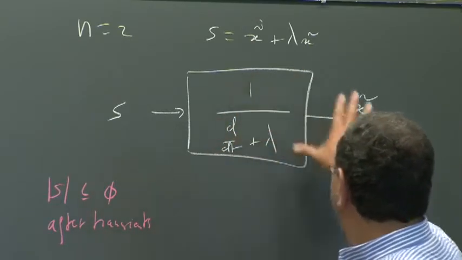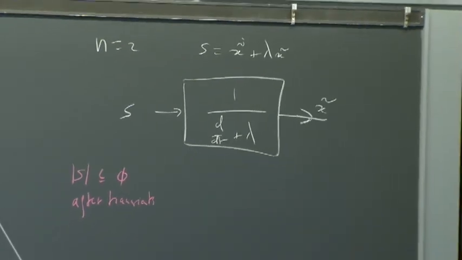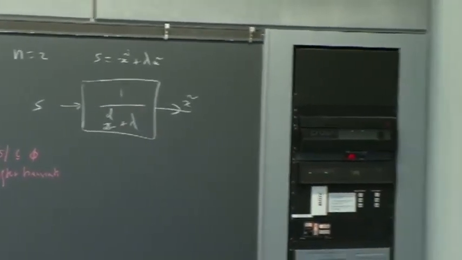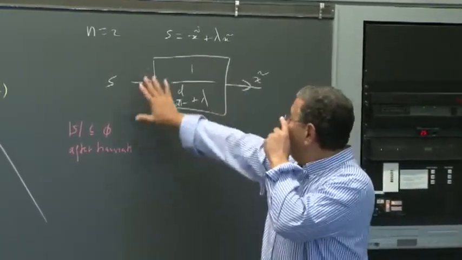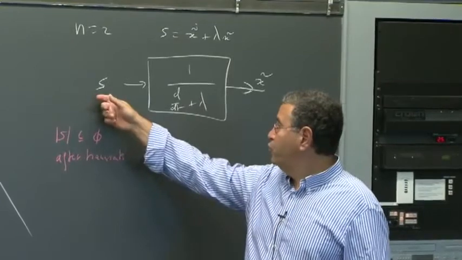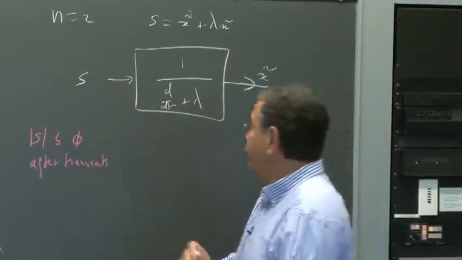Okay, so here we have a linear system, so the effect of initial conditions will go away. We can just look at what happens with arbitrary initial conditions to this system if we give it a function s of t, which is less than phi.